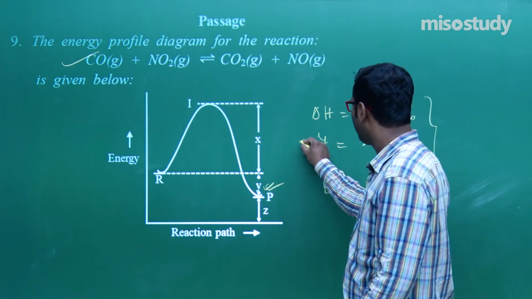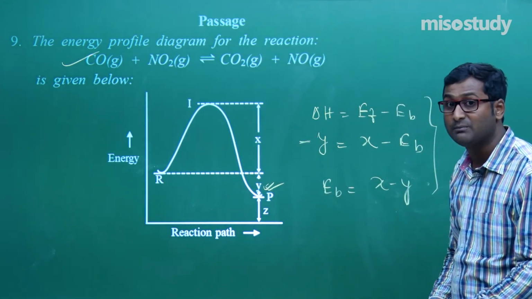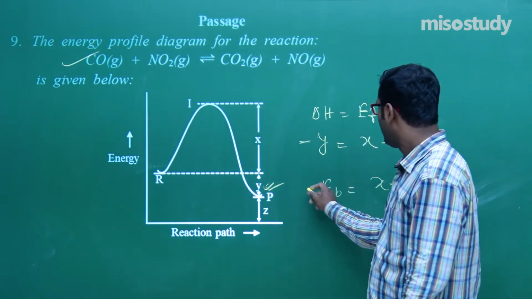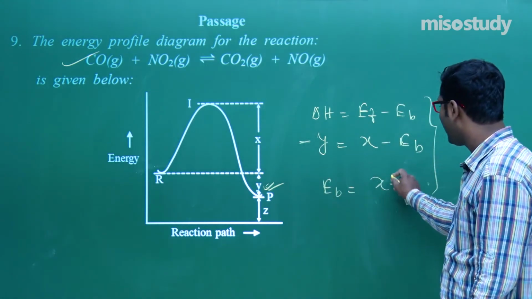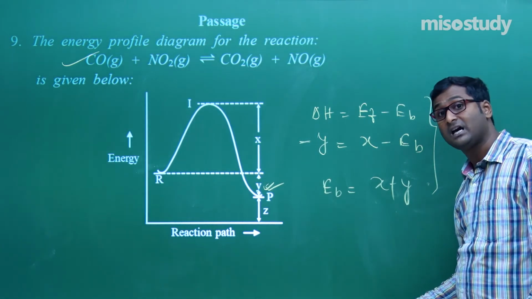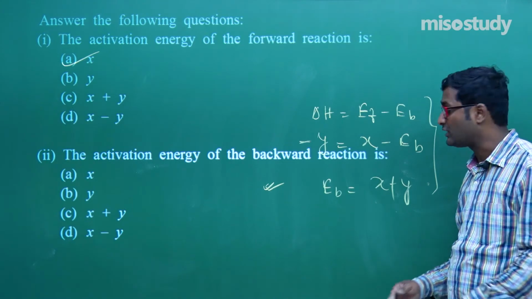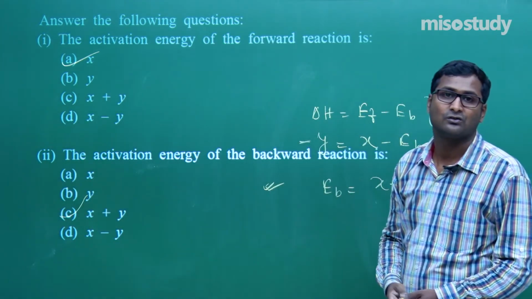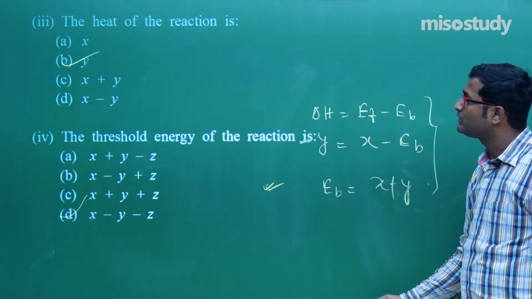So put the minus sign here. Sometimes you make mistakes. Clear to you? So EB is not X minus Y. It will be equal to X plus Y. So be careful while solving such kind of question. The answer is not X minus Y, it is X plus Y. Now, let's move to the next one.